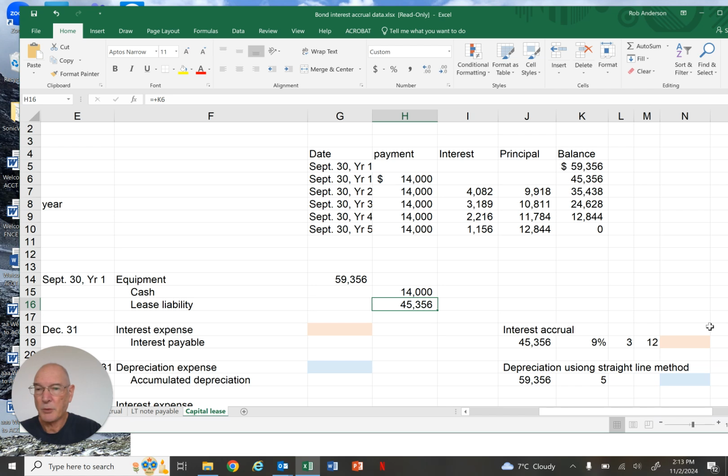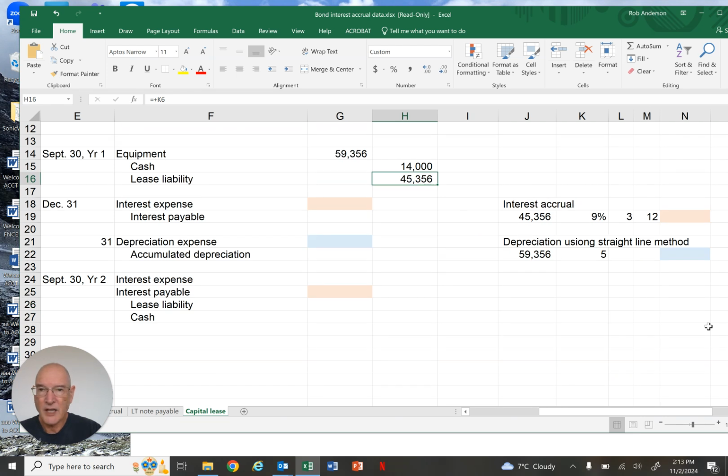Okay, so we've recorded our lease, and along comes the end of the year. As the end of the year comes along, we have to accrue interest from September 30 to December 31. This should sound a lot like a note payable or a bond payable. We have used their equipment, we're being charged 9%, and we have from September 30 to December 31 to accrue interest.